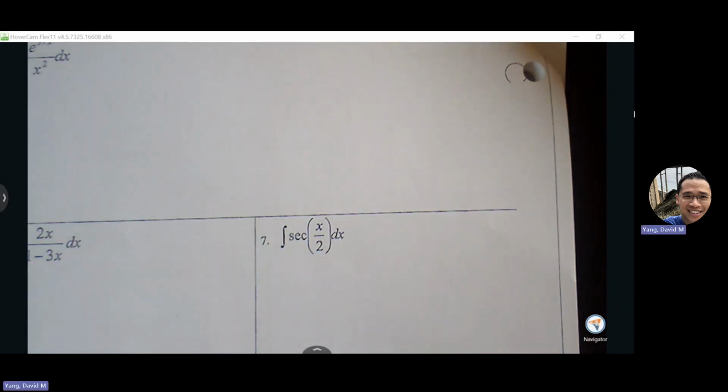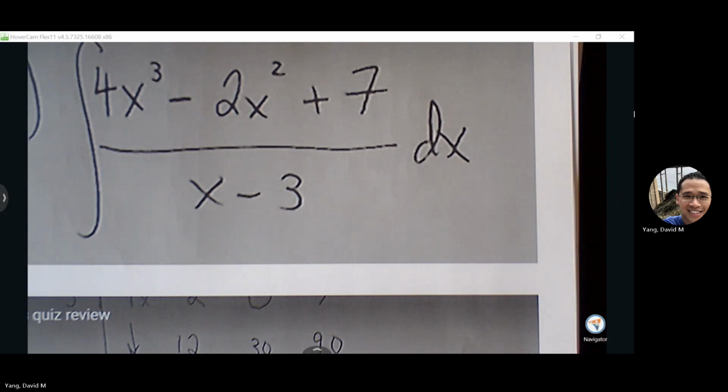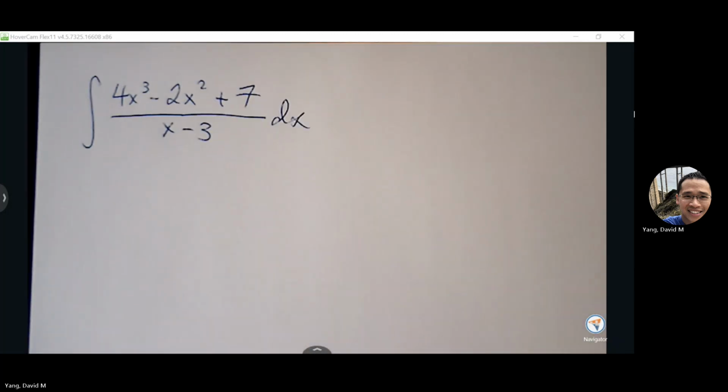All right, why don't we do a synthetic division one here? Okay, hopefully by now, synthetic division problems are easy to spot.